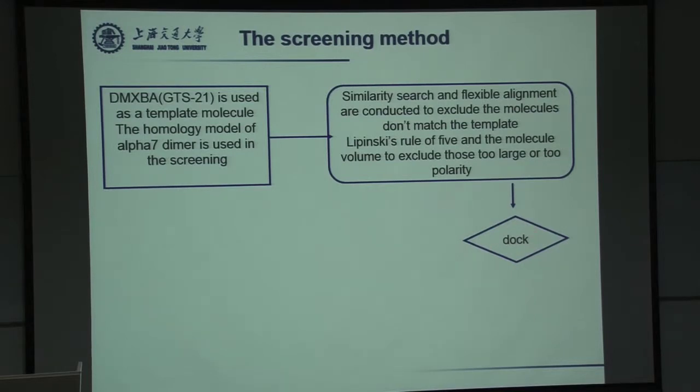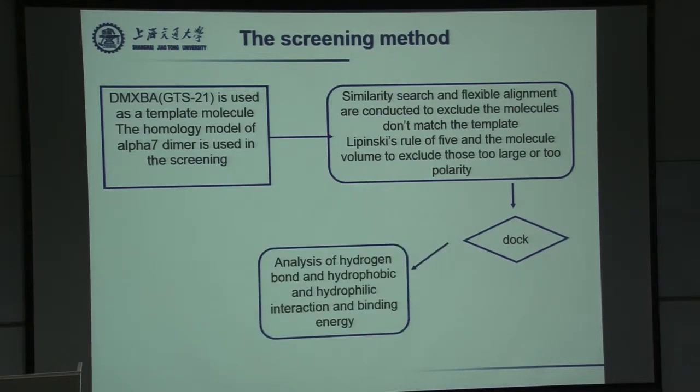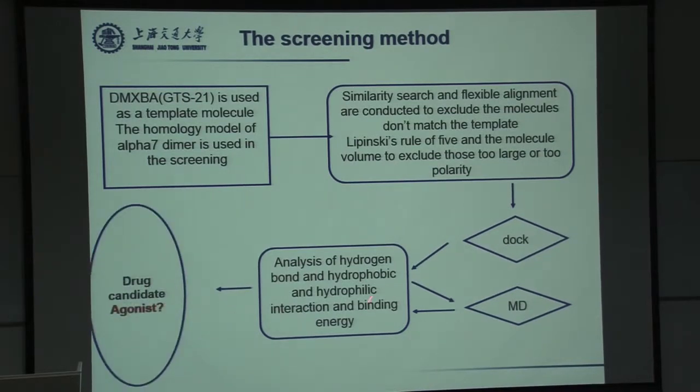We also do typical docking and also MD, because docking is rigid. There are no good flexible docking programs, so you have to visually examine after this result. Eventually, we want to get a drug candidate. Hopefully, it's an agonist, a molecule that can regulate the gating of this protein.